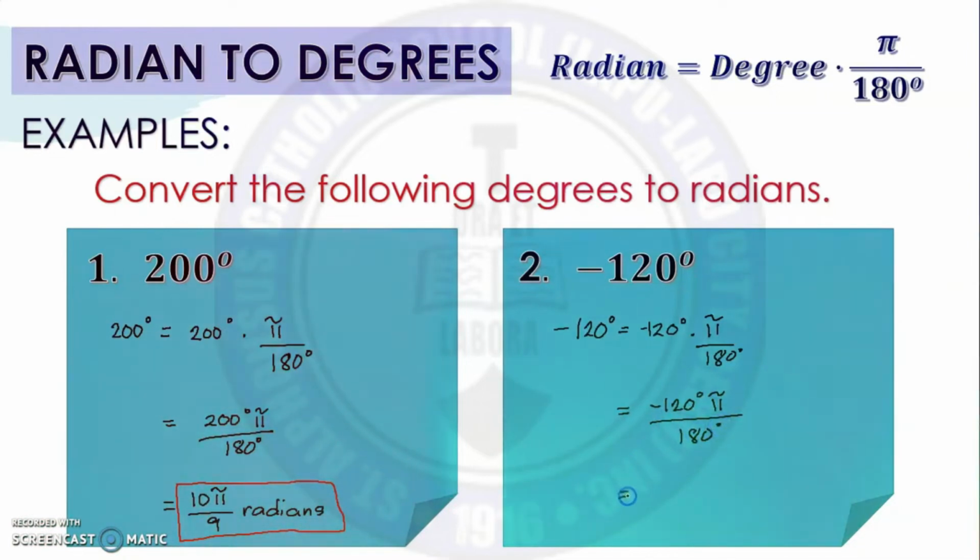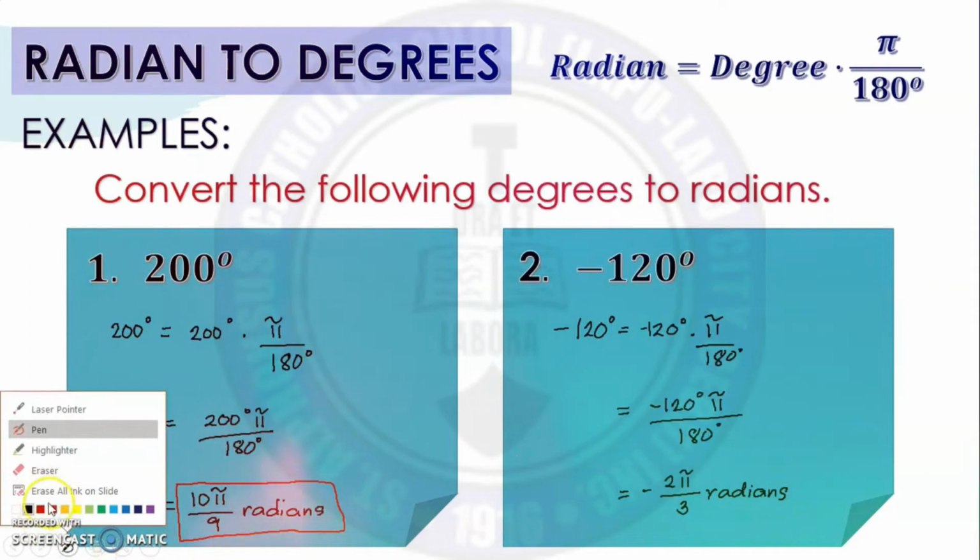I want you to simplify it further, class, so it will become negative 2 pi over 3 radians. Of course, you're going to cancel out degrees now. So, I want you to box your final answer.